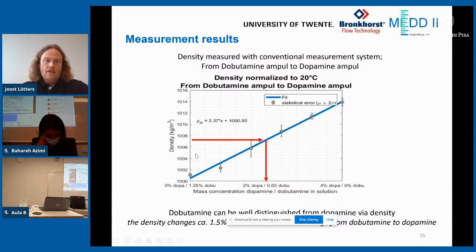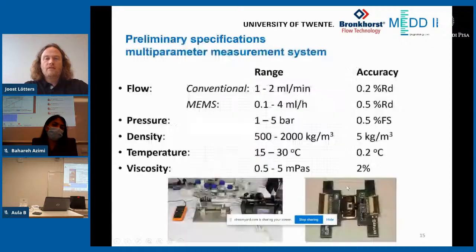And then you see in this graph on the x-axis, it is the mass concentration of dopamine in dobutamine. So we start here with 0% dopamine in 1.25% of dobutamine, and then going to the right side, we go to the higher level of dopamine, 4%, and 0% of dobutamine.